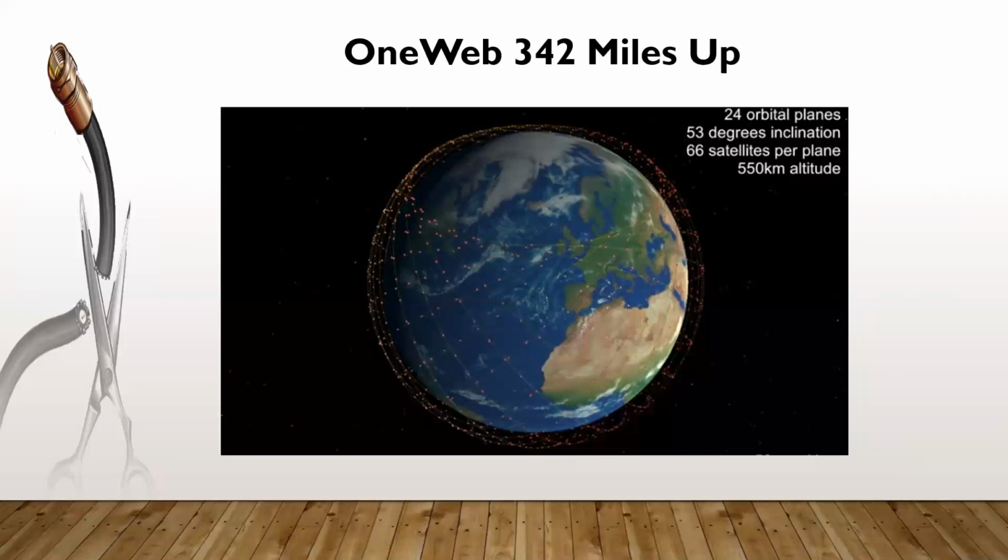And some of the worries are the fact that a lot of these are only going to have a lifespan of about 5 years. But what happens when they die? Well, they're going to fall back to Earth. Are they going to have a way of getting them back to Earth?